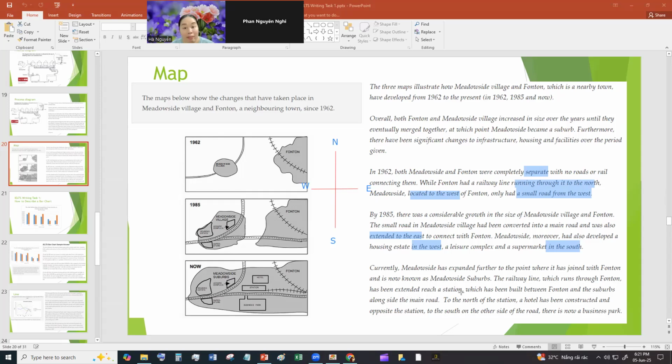Okay, yes, I have to thank you for the question because you remind me to tell you that one feature of map description is you need to use descriptive language to describe location. Some of them are prepositional phrases like next to and opposite and to the west, to the east. Now let me find some more.